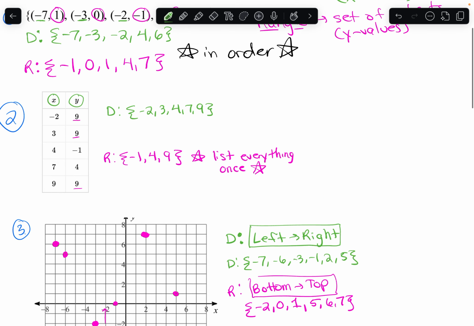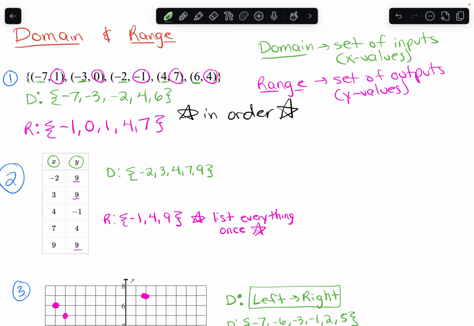Again, some of those big mistakes that people make: make sure we list stuff in order, make sure it's labeled. That is incredibly important. And make sure if you have repeats, you only list it one time. All I'm asking are what x values show up and what y values show up. If they show up more than once, that's great, but I only need to see it listed one time.